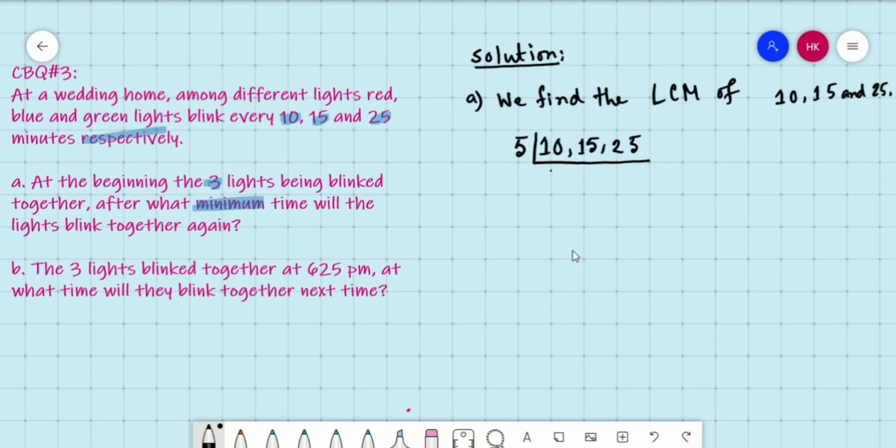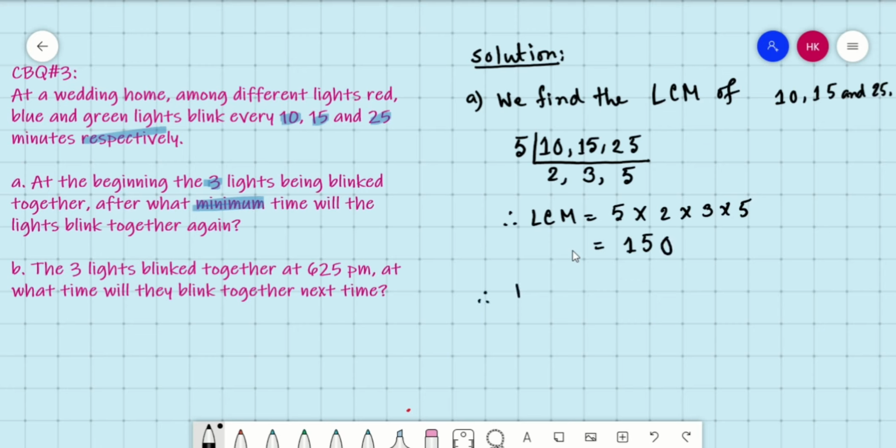So it will be 5 2s are 10, 5 3s are 15 and 5 5s are 25. Therefore the LCM will be the multiplication of all those digits we got, including 5 times 2 times 3 times 5. So our answer will be 150. 5 times 2 is 10, 10 times 3 is 30, 30 times 5 is 150 minutes.